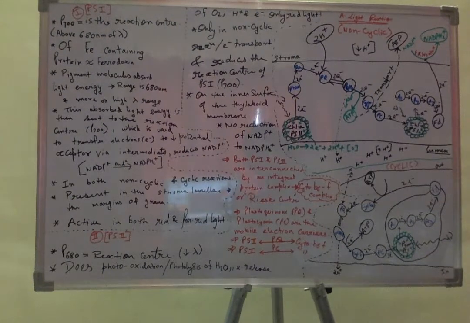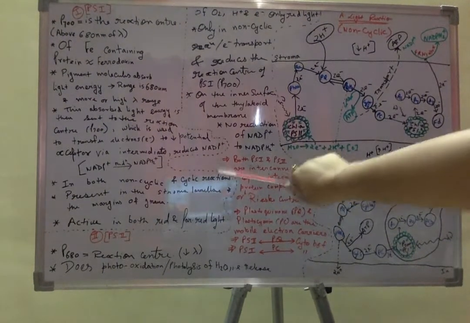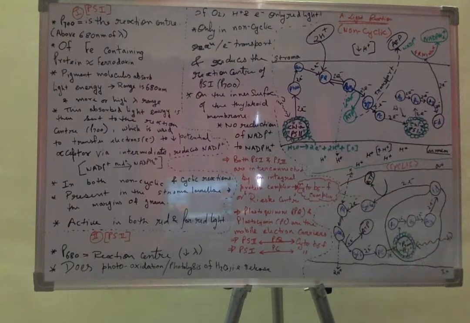These intermediates have high electron acceptors to reduce NADP plus into NADPH2 plus.